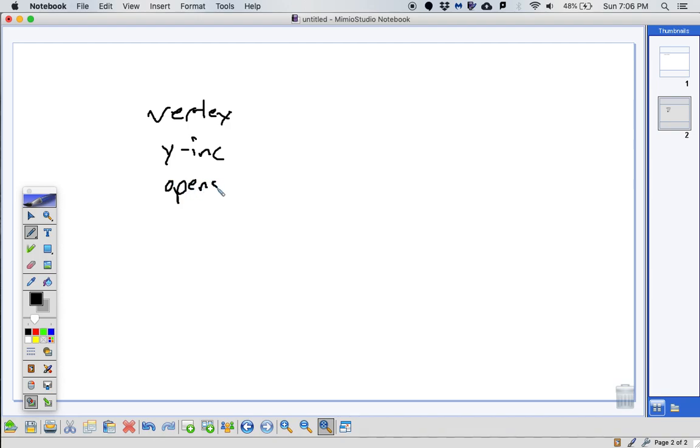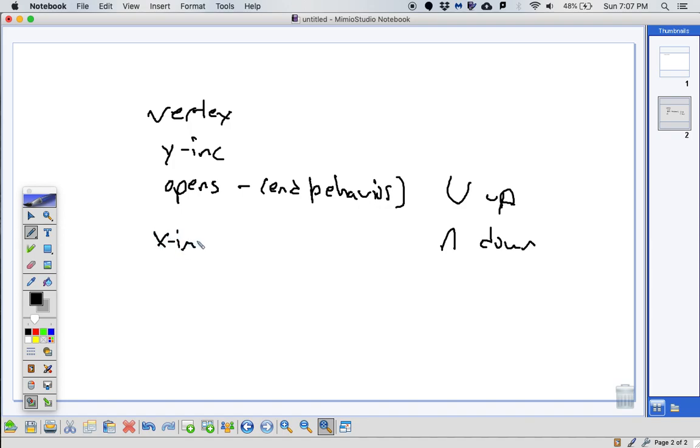This is also known as end behavior. So, which way does it open? Does it open up or does it open down? And then you should be able to tell me any x-intercepts or zeros that there may be.